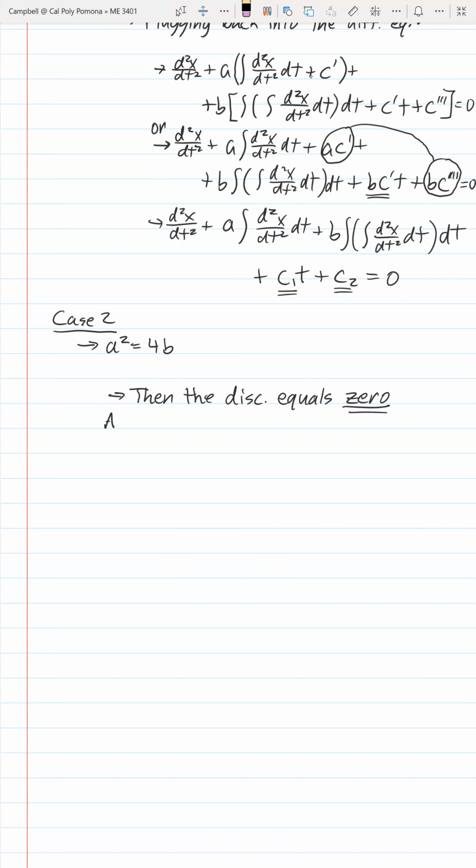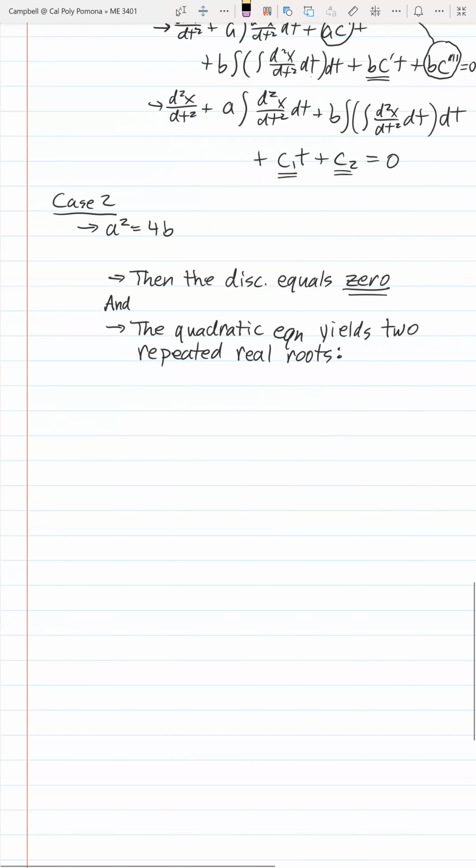And so, of course, when we look at the quadratic equation, that will yield two repeated real roots.